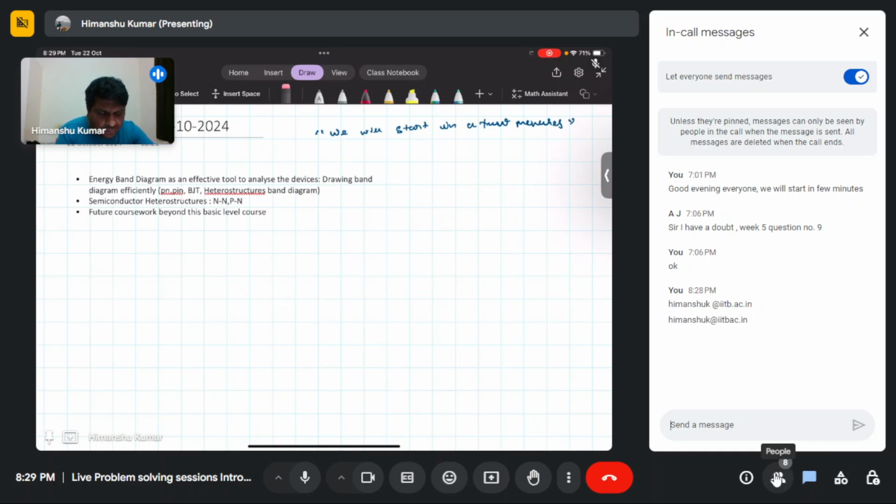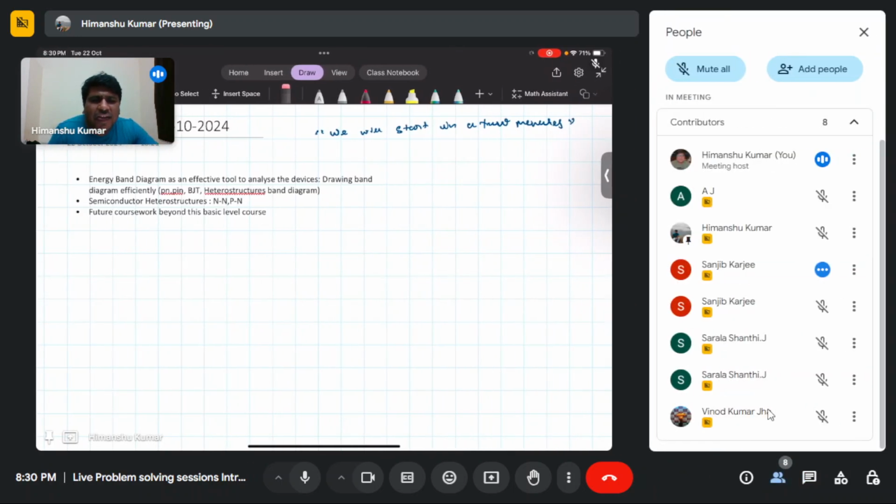So let me give a brief idea. This was a fairly basic level course. You can take a higher level course related specifically to optoelectronic devices and compound materials, where you can study heterostructures and compound materials, especially focused on optoelectronic devices like LEDs, lasers, and different kinds of photodetectors and material systems.